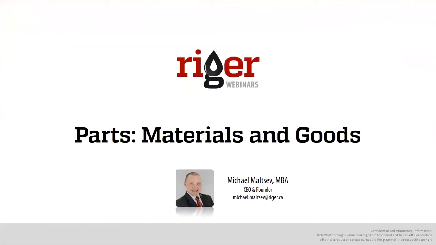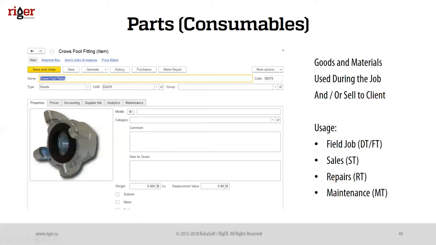Parts, consumables, or materials and goods are usually used in oilfield jobs, and they can be used during the job or after the job.